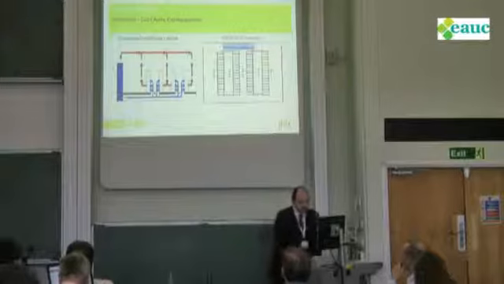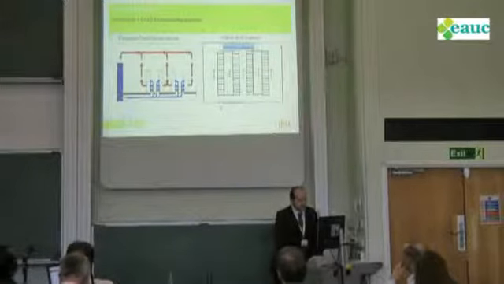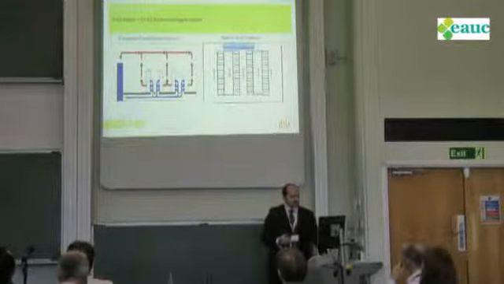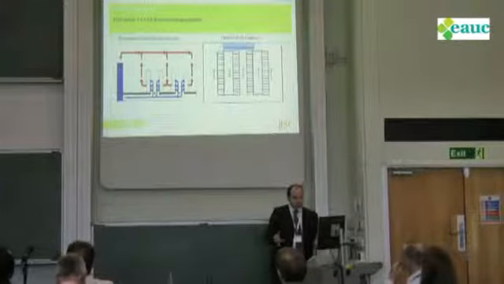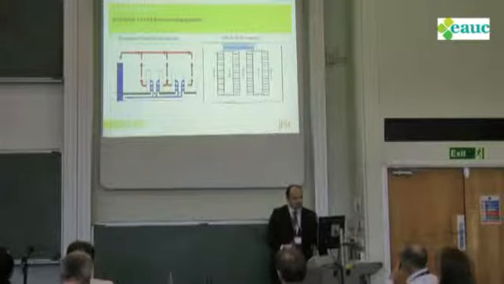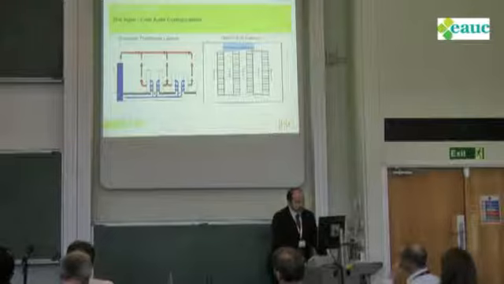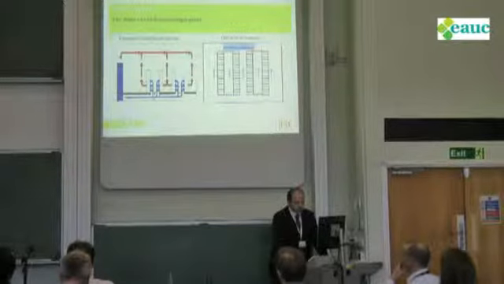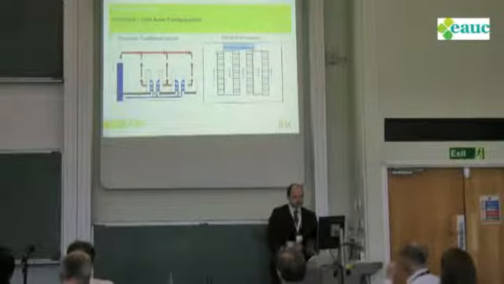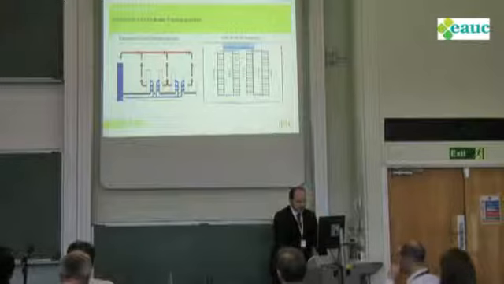Here on the left-hand side, you have an example layout where you do have that separation. You've got the cold air delivered from the computer room air handling units. It comes under the floor, goes up into the front of the servers, and goes through the servers.